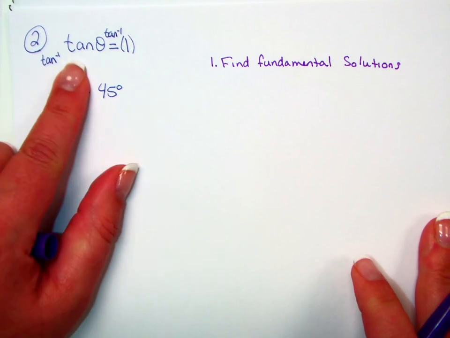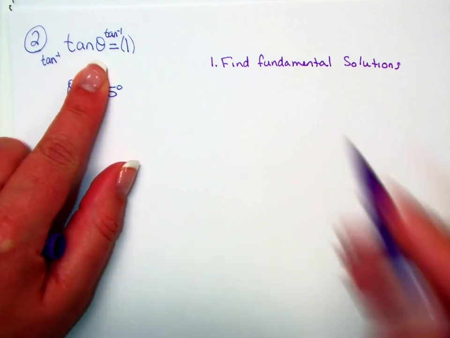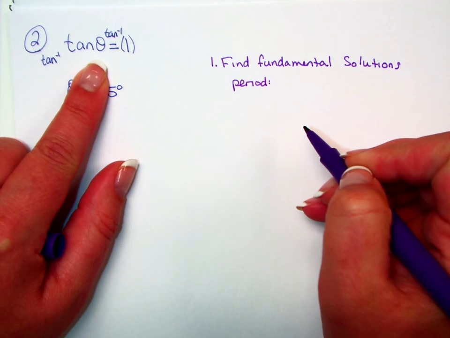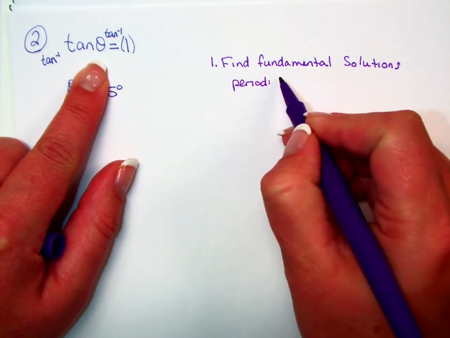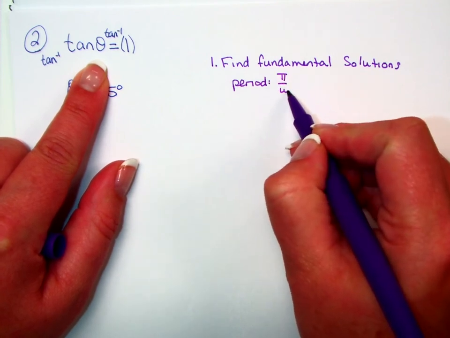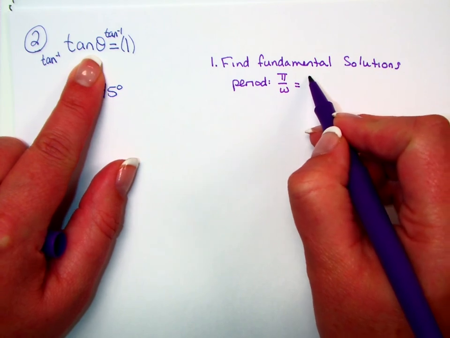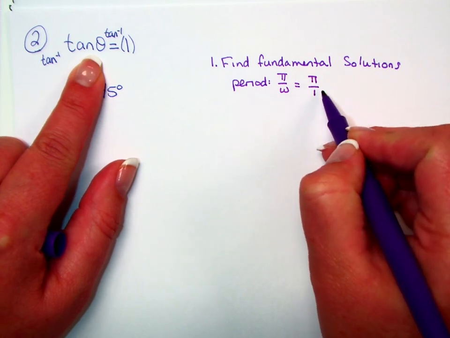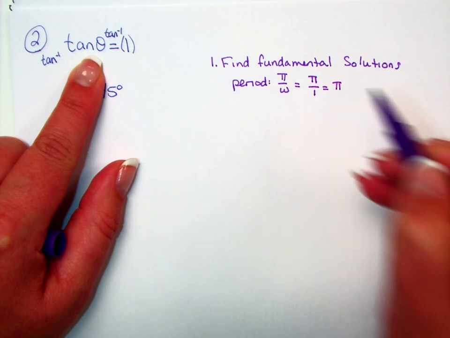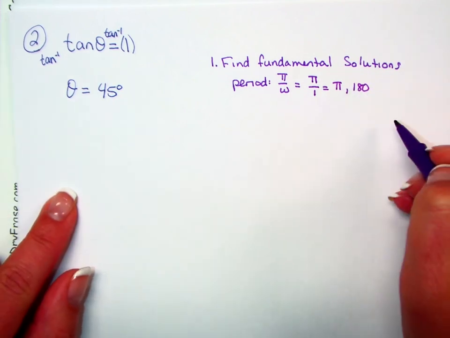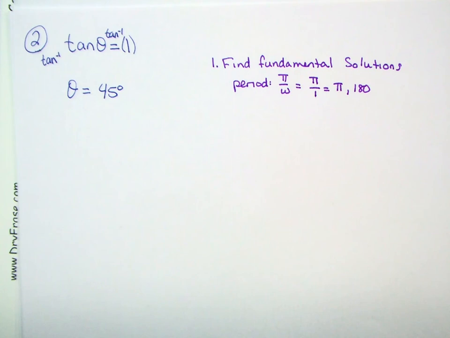Okay, so if I were to look at this equation, tan theta equals 1, what would be the period of this function? Remember, tangent has a period pi over omega. And since omega is 1, we just get a fundamental period of pi. Okay, so all of our fundamental solutions are going to be between 0 and 180.